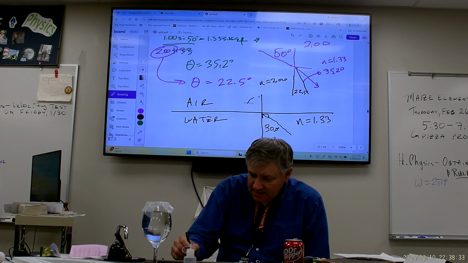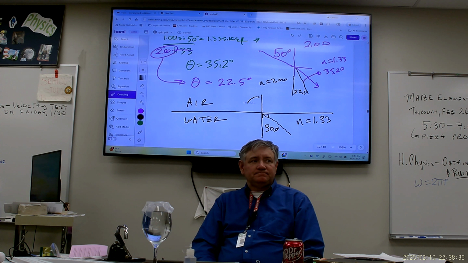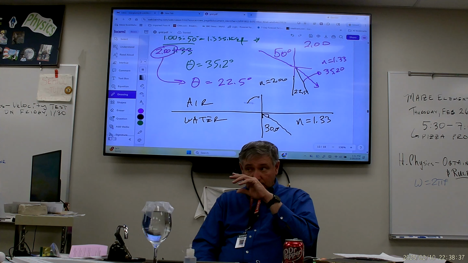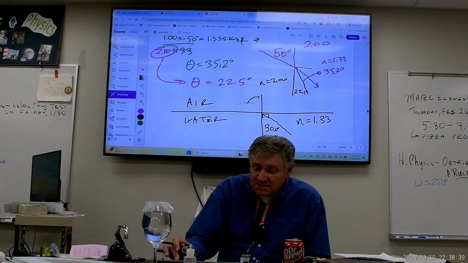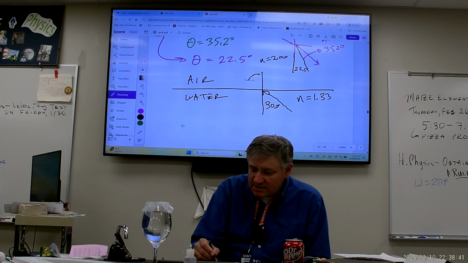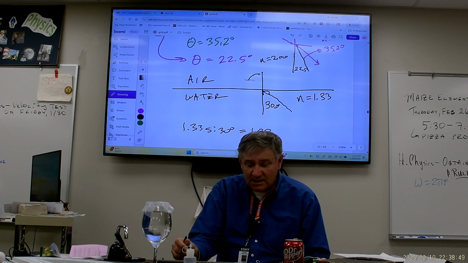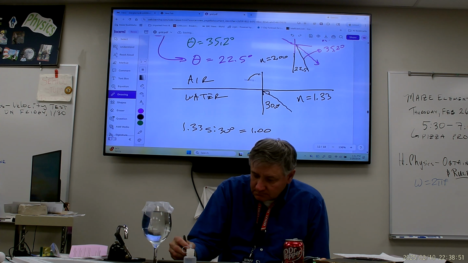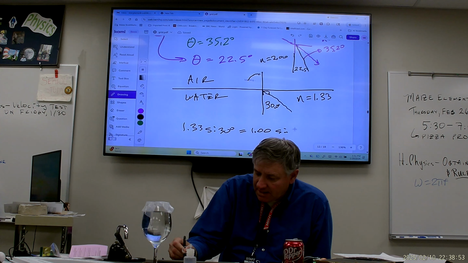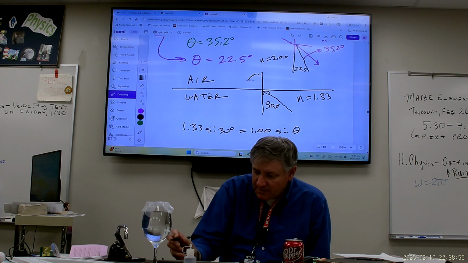I want to find that angle. Okay? Cool. So, N1 is going to be 1.33 times the sine of 30 degrees is going to equal 1, because we're going into air, times the sine of theta.